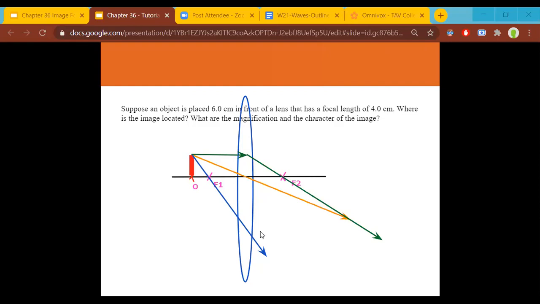And well, adjust that a little bit. There we go. Okay. So then this is going to refract parallel.